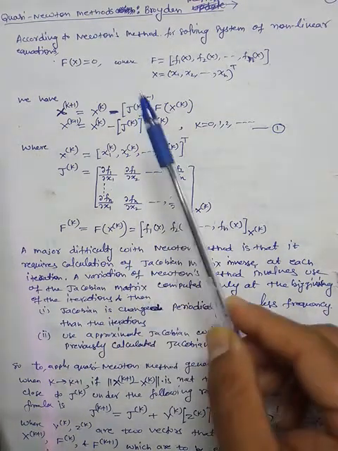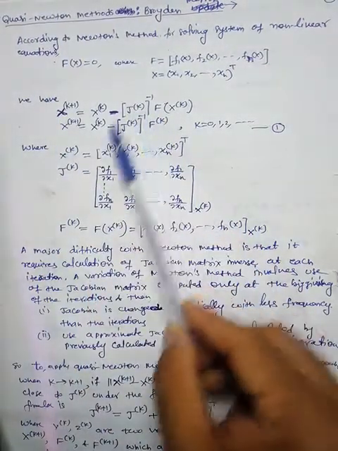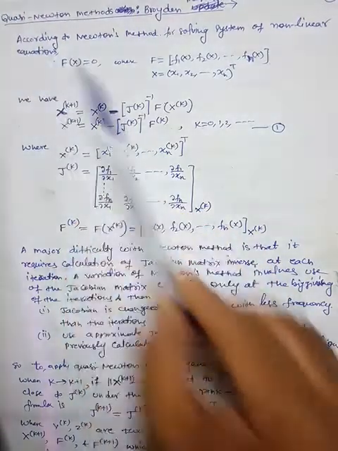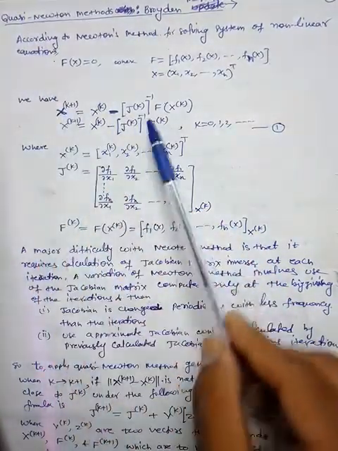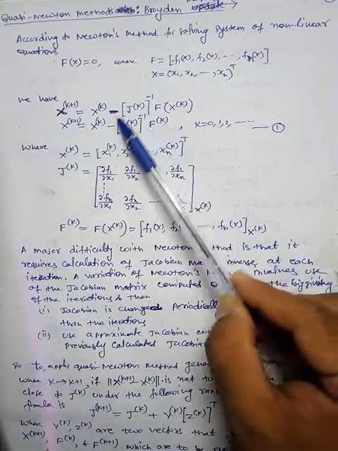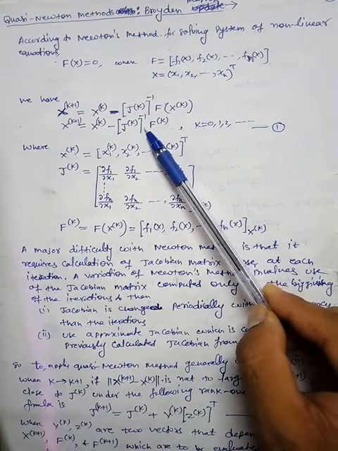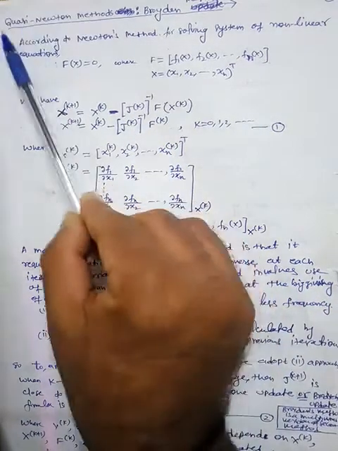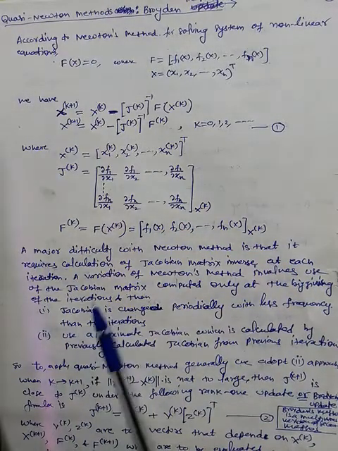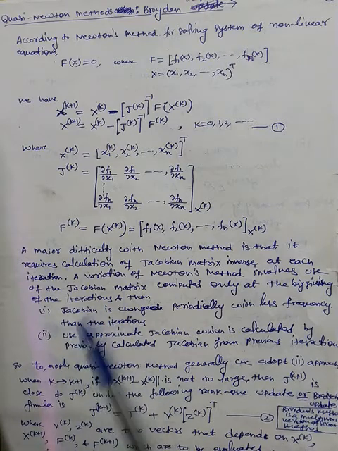Okay, so in the quasi-Newton method, basically we are having variations of this Jacobian. Quasi means we are approximating the Jacobian. We will not use the exact Jacobian, rather we will use an approximate Jacobian, and that's why the name is quasi. Quasi means approximation. Fine. So here we will have two types of approximations.